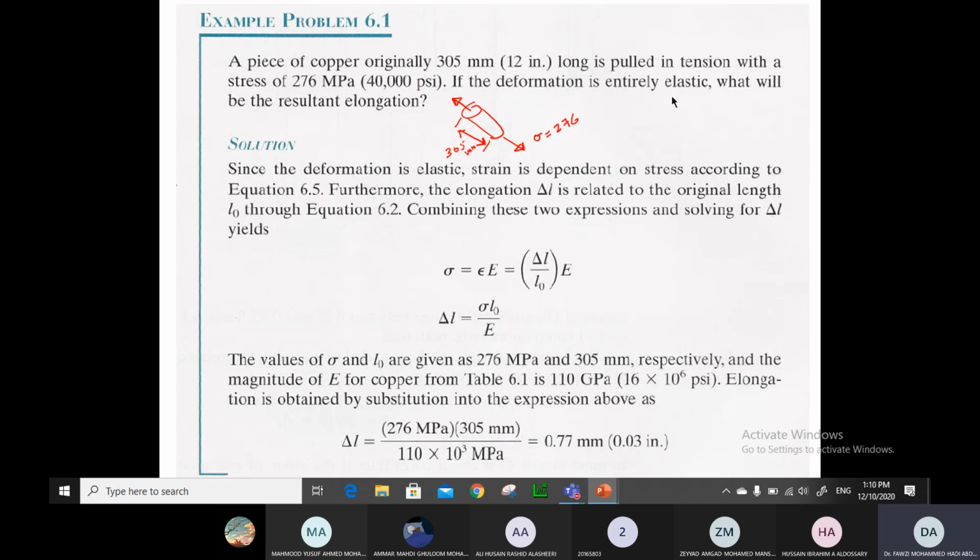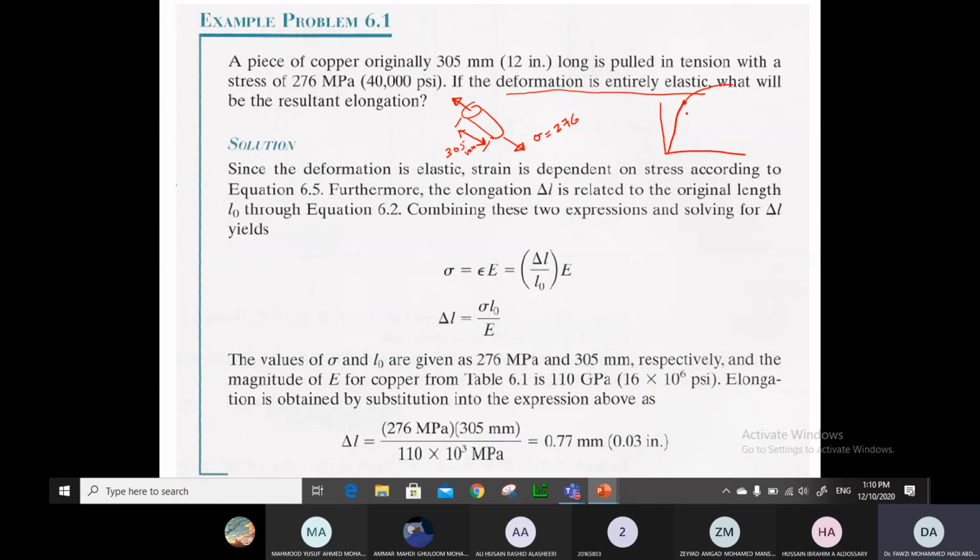If the deformation is entirely elastic, this is important to notice. What is the meaning of that? It means that we are in this zone, before the plastic deformation takes place.